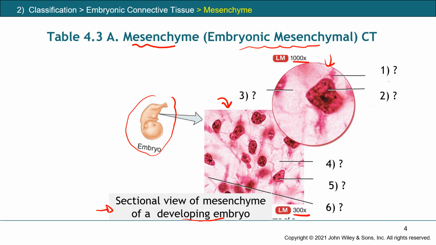So here we zoom in, and when we zoom in, we can see the three main components that we found in the connective tissue that we have talked about before. Here you see a nucleus, and in the third one, what is surrounding here will be ground substance.